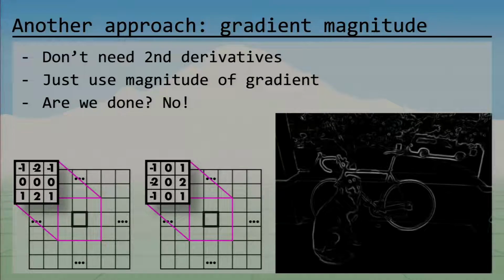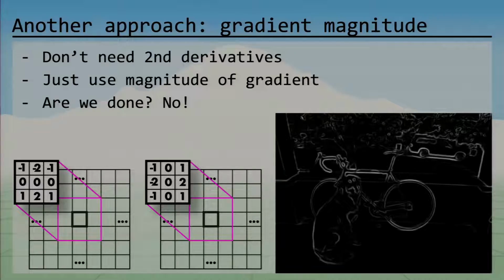So if we run these Sobel filters over the image, we can take the magnitude of the vector, basically take the x and y direction components, square them and add them together. And this gives us this nice image of where there might be some edges in this image. So we might think, okay, this is pretty good. Maybe this is good enough. We're not done yet.